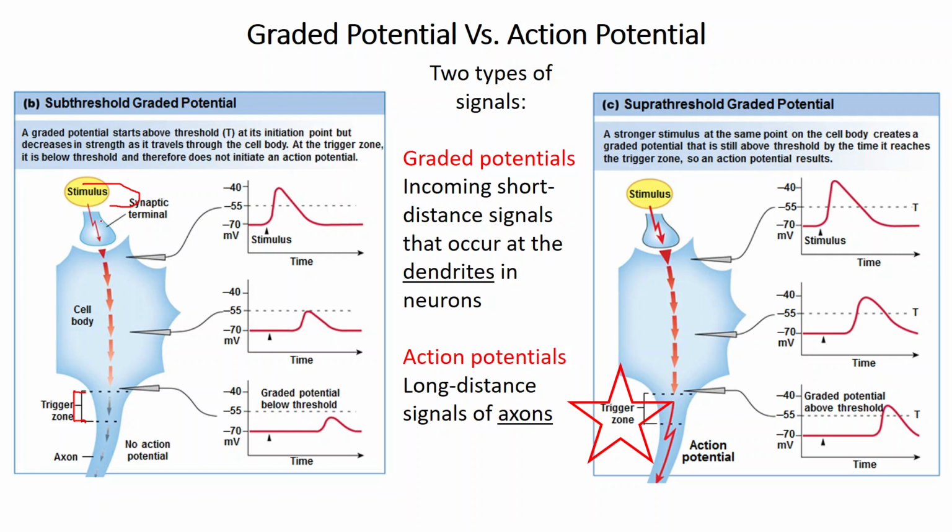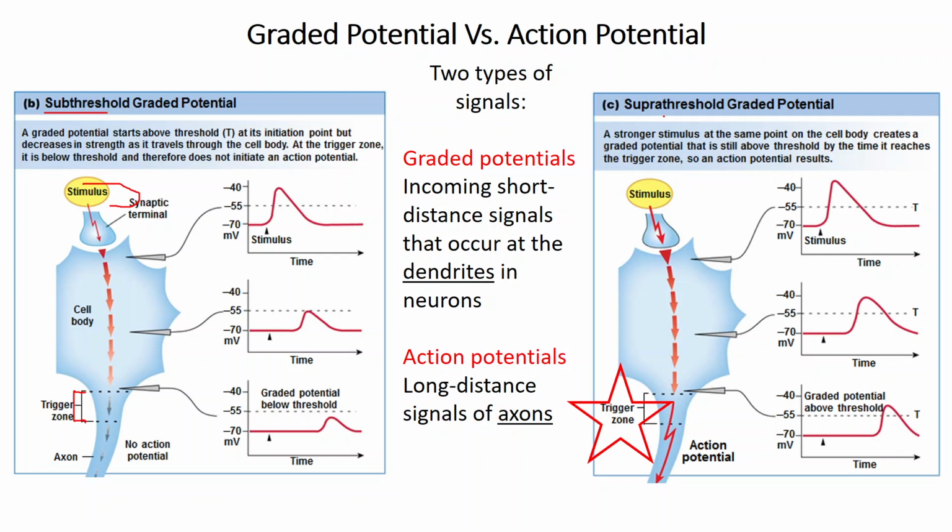So this graded potential would not induce the generation of an action potential. And so this type of graded potential is a sub-threshold graded potential, because it did not result in the generation of an action potential at the axon hillock.